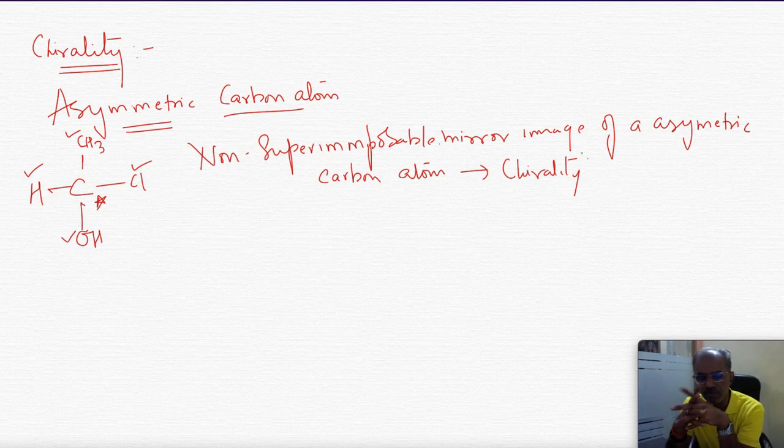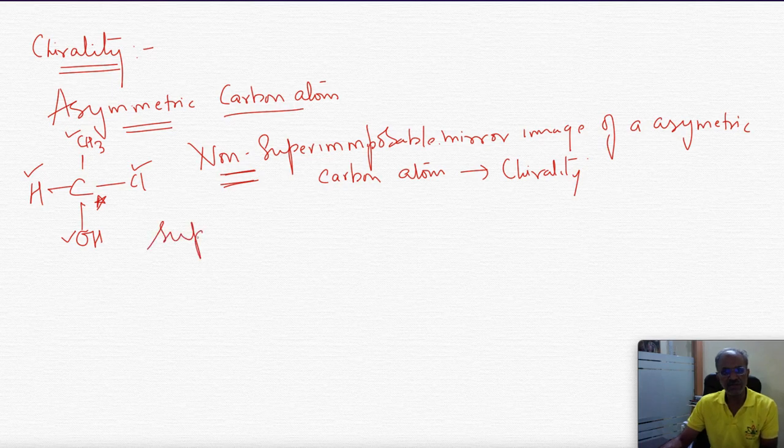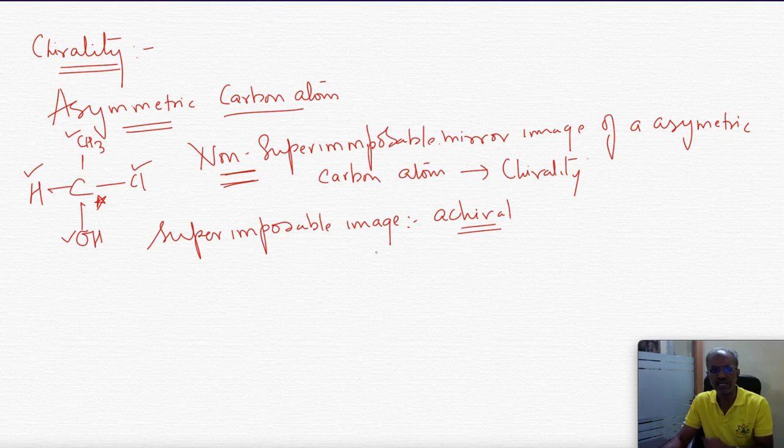If you remember the previous lecture, a non-superimposable mirror image of any compound is known as an enantiomer. That means enantiomers show chirality. But if they are superimposable mirror images, they are achiral compounds, which means they do not show chirality.